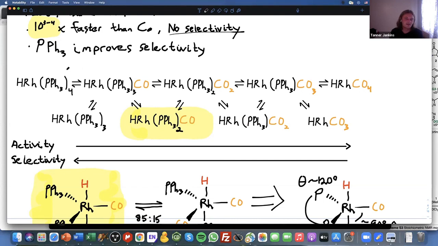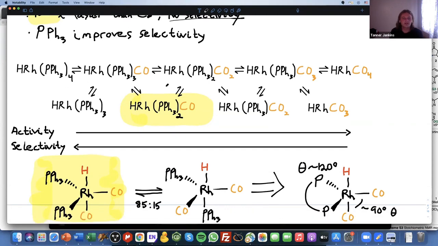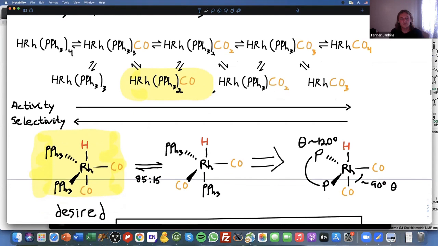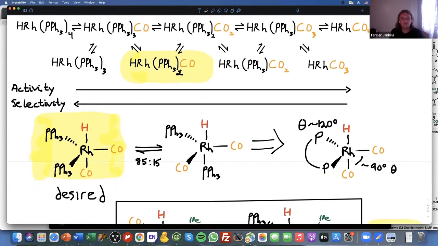And so I drew these species up here to show all of the potential rhodium hydride phosphines that you could form in solution. As you can see, these species are all in equilibrium. However, as you might expect, one of them is expected to be the most active and selective.